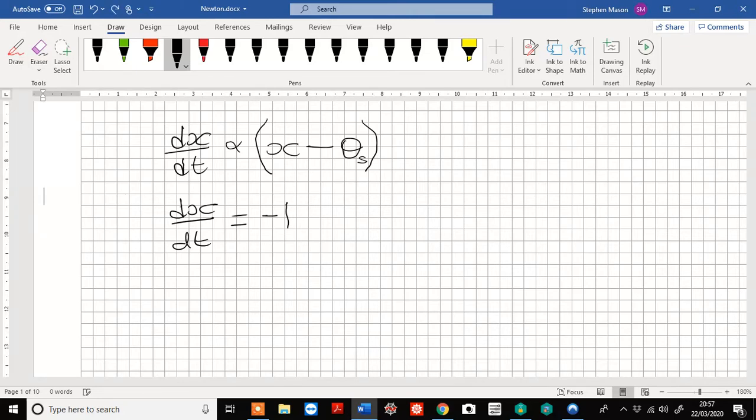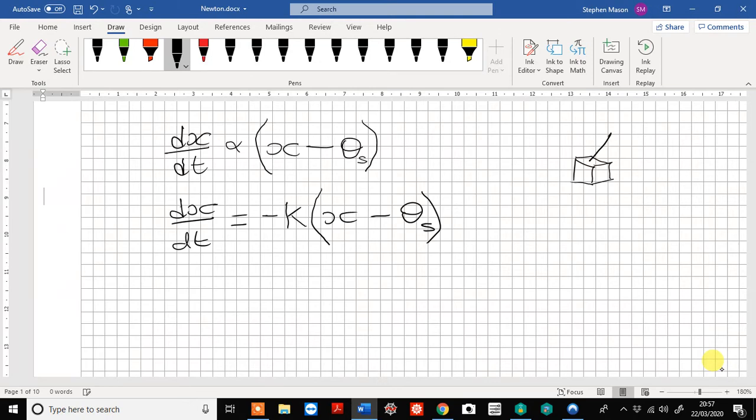Let me write that in a little more clearly for you, multiplied by x minus theta s. Right, okay. If we've got a body like a block of metal, we'll assume that this metal is a cube.